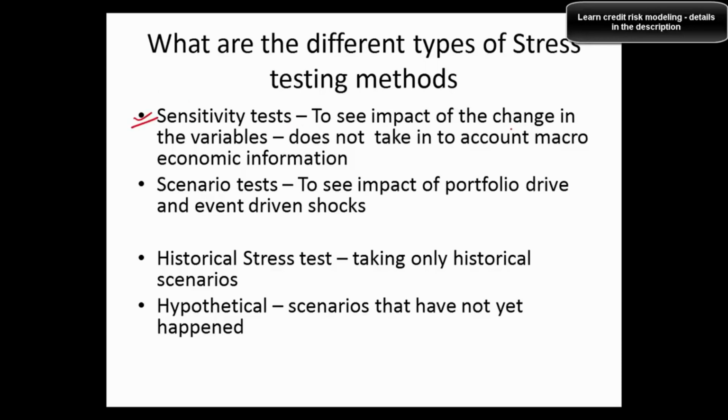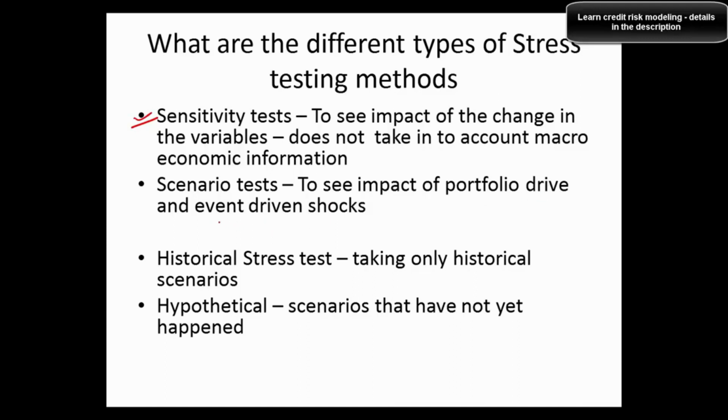Sensitivity test to see the impact of changes in the variables, as in the variables used in the model, for instance the income of an individual or the credit score of the individual, but it doesn't take into consideration macroeconomic information. It is only the variables related to the individuals or institutions, not macro variables like inflation, interest rate, unemployment, and so on.